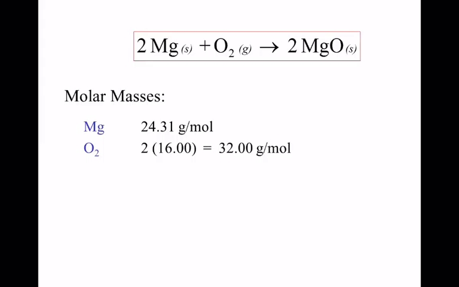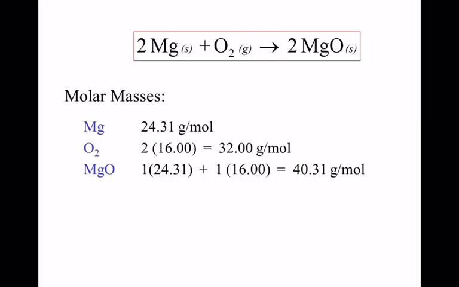And we don't need it right now, but we will for the next problem, a follow-up to the same reaction. The molar mass of the product, magnesium oxide, is the decimal number for magnesium, 24.31, plus the decimal number for oxygen, 16.00. So the molar mass for magnesium oxide is 40.31.